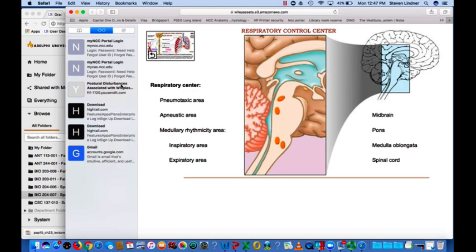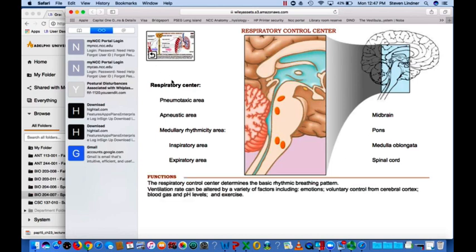Let's look at this. So here's the pneumotaxic center. Here's the apneustic. Again, the pneumotaxic and apneustic are in the pons, and then the medullary rhythmicity center, you have the inspiratory and expiratory area. Here's the medulla, here's the pons, here's the medulla.